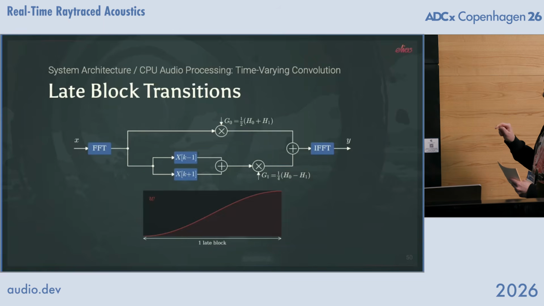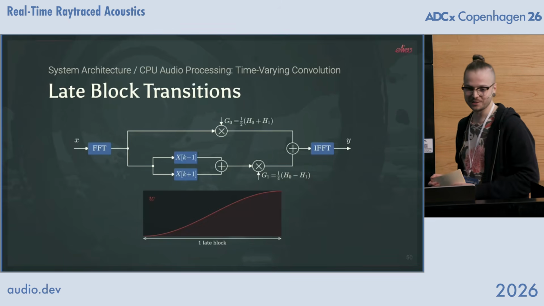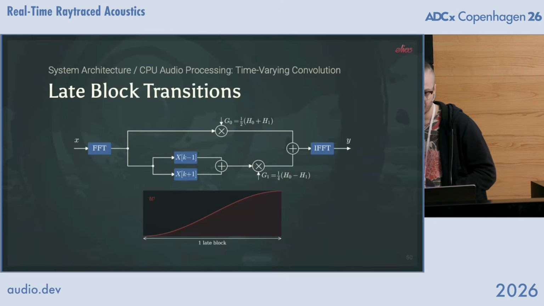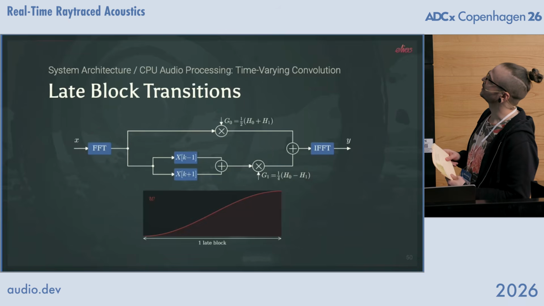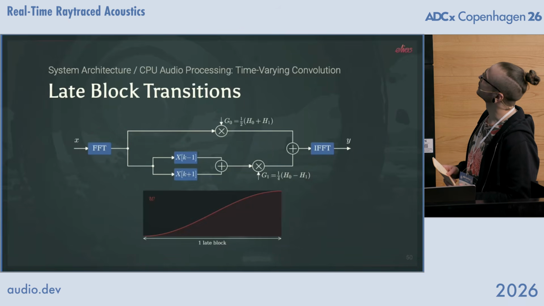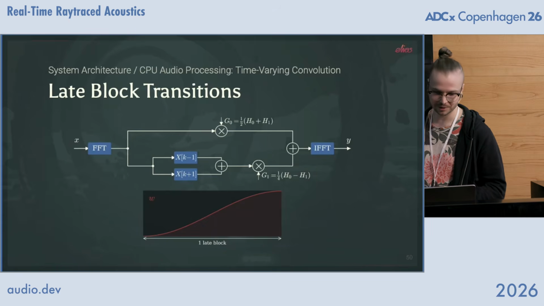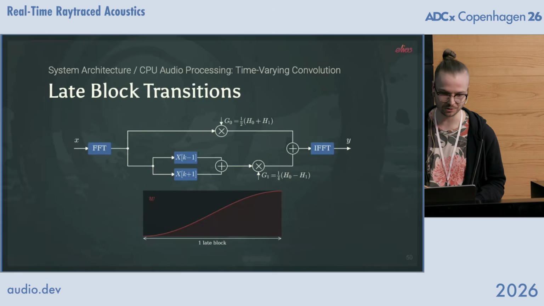That enables us to do the crossfade directly in the frequency domain using what's shown here in the diagram. It's pretty much just using the Fourier transform of a cosine window. And that lets us do a single inverse FFT, which saves us a lot of CPU.